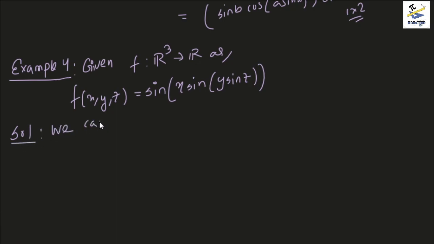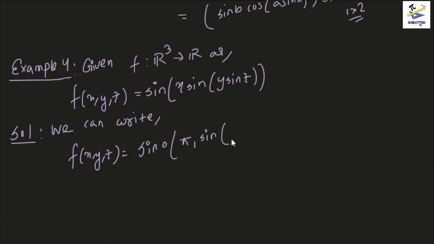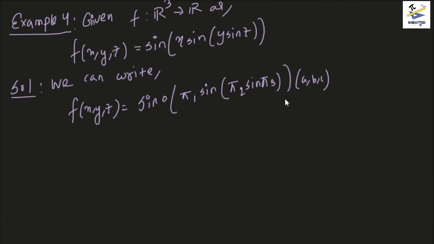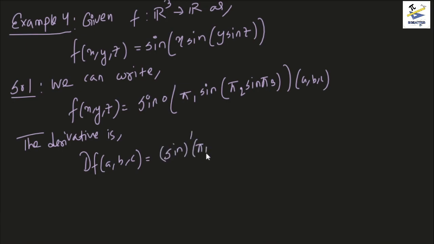So we can write f of x comma y comma z as the composition of sine with pi 1 sine of pi 2 sine pi 3, at the point A comma B comma C. Well, so the derivative df of A comma B comma C is sine in the point pi 1 sine of pi 2 sine pi 3.